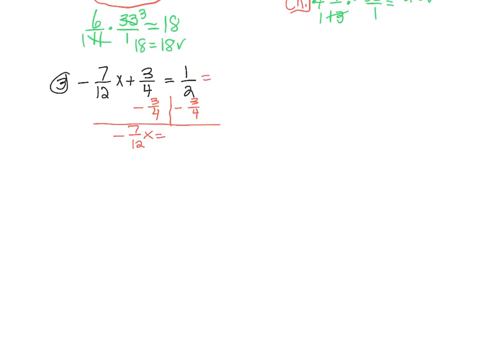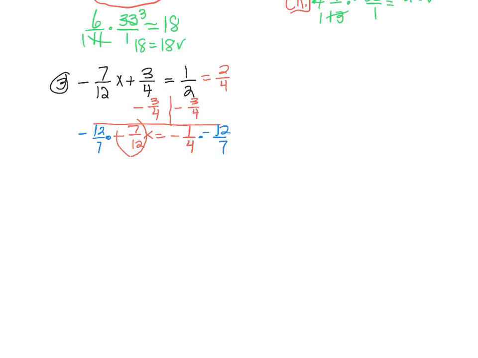This is really 2/4 minus 3/4. Oh, we have to take 3/4 minus 2/4, which would be 1/4, and make it negative 1/4. Here, we're multiplying negative 7 over 12 times x. So I'm going to multiply by the reciprocal, negative 12 over 7, on both sides.